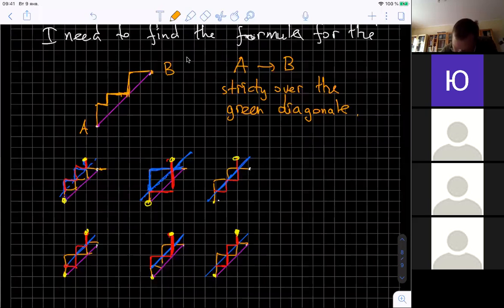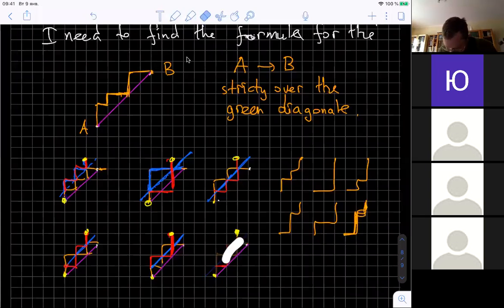So here, from here to here, we'll have this one, this one, this one, this one, this one, and this one. Maybe this is a different size here.